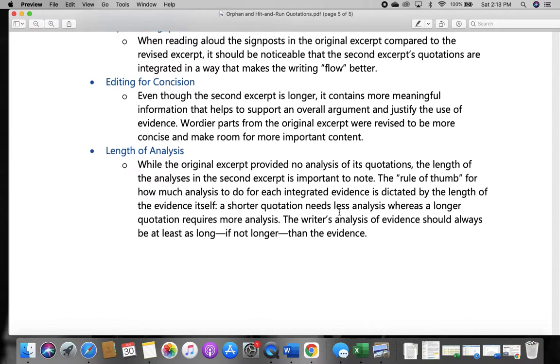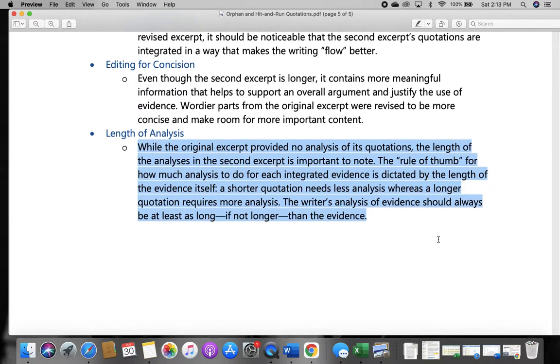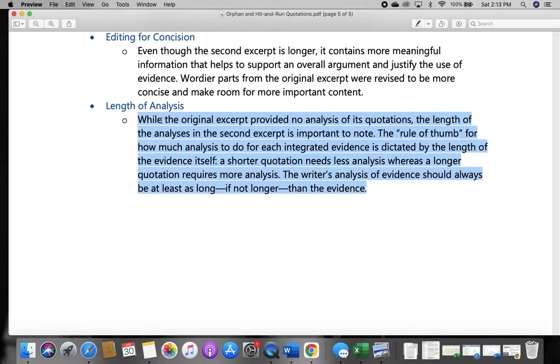And then an important rule here that I also note, and I said, while the original excerpt provided no analysis of its quotations, the length of analyses is important to note. Because the rule of thumb, and I've given this note just a few times to students, but not often, because I always say the shorter the better.